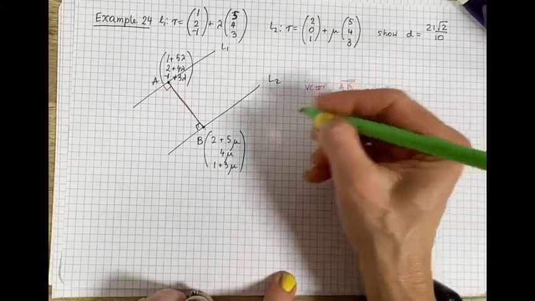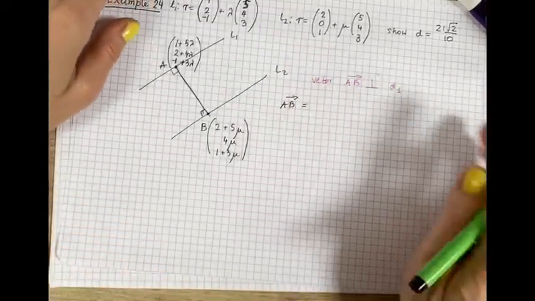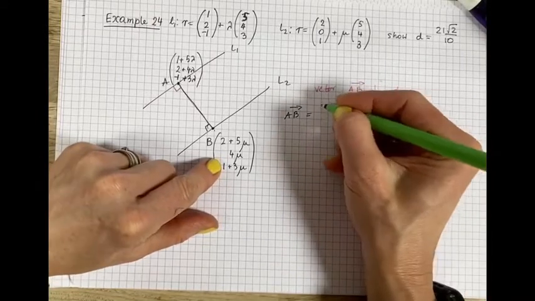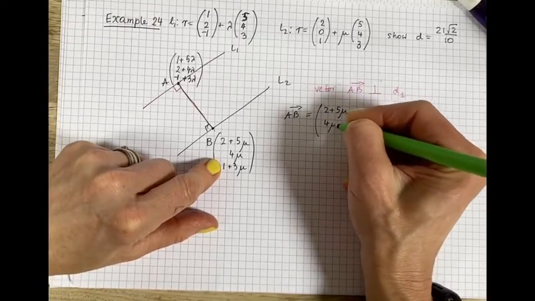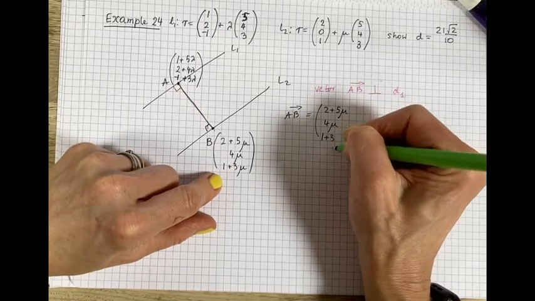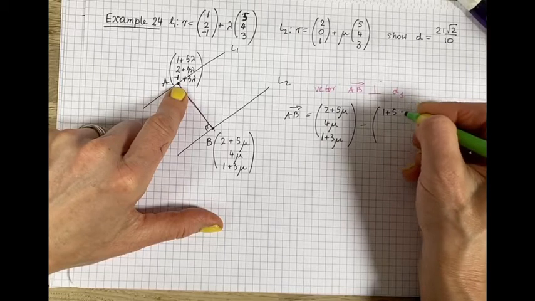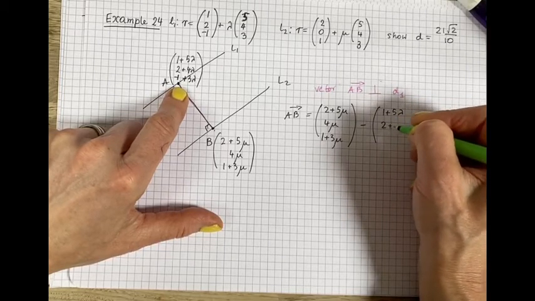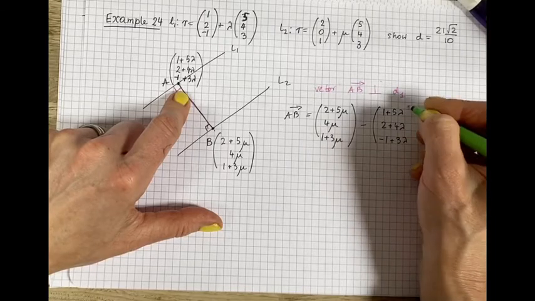So what's AB? Well, AB is this vector (2 + 5μ, 4μ, 1 + 3μ) subtract (1 + 5λ, 2 + 4λ, -1 + 3λ).